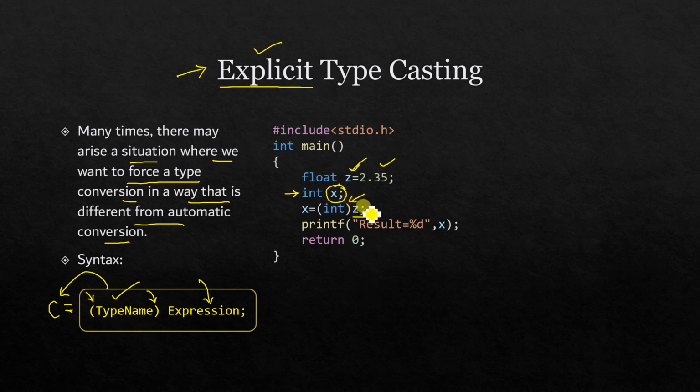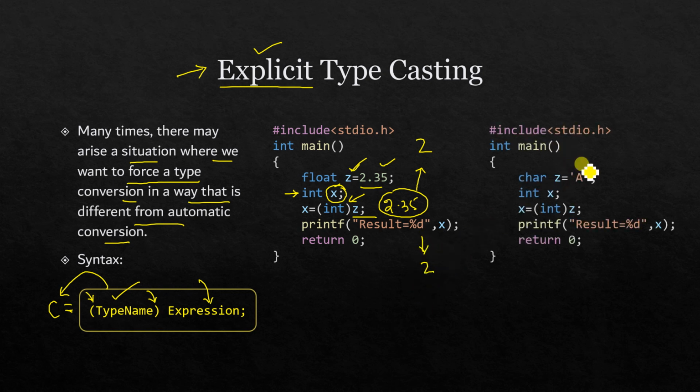For my case the expression is 2.35. If 2.35 is converted into integer, it will be 2, and that 2 will be assigned to x. Hence in this example we get the output 2. Similarly, in this example I am trying to assign the integer value of z. z contains a character whose ASCII value is 65.